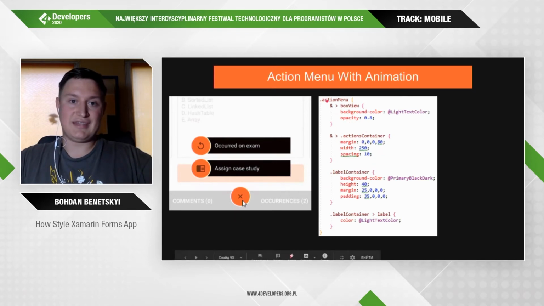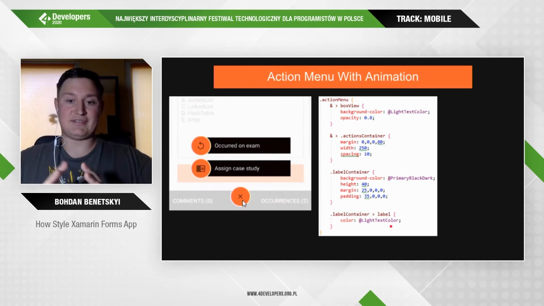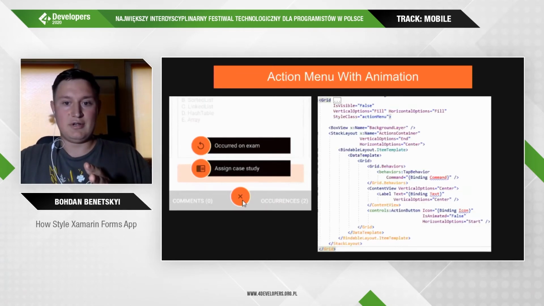Here we can see that inside the action menu, the box view should have that color, that opacity that we have in the background. Later, we have action containers, label containers, and inside a label container, we set it to light text color. That's why I love CSS in XAML. It's pretty simple to understand how the styles are done, rather than looking in the XAML code. And XAML code shows us only the structure of the code.